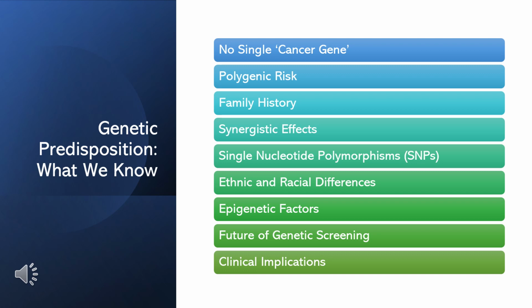Research has indicated that certain ethnic and racial groups may be more susceptible to laryngeal cancer, but this data is not robust enough for us to make any conclusions. Changes in gene expression, called epigenetic factors, rather than the genes themselves, can also play a role. Epigenetic changes can occur due to environmental factors like smoking and are also a hot topic in ongoing research.